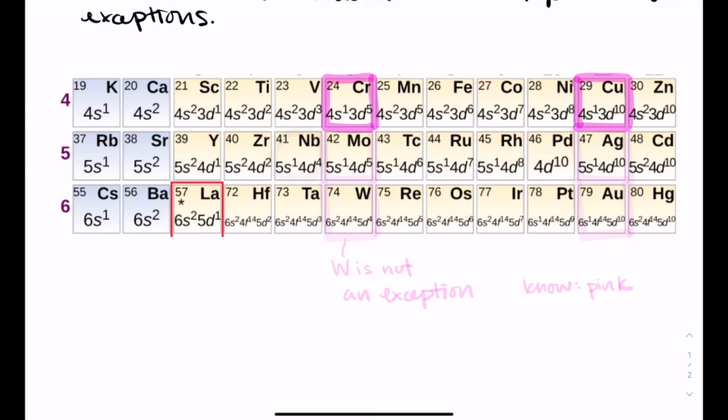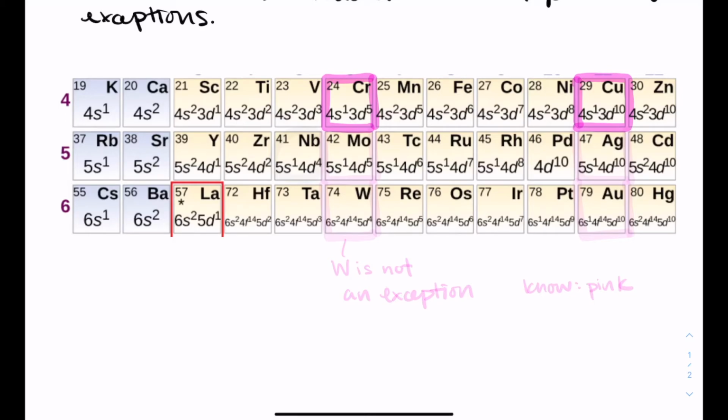So chromium and copper in that top row of transition metals are my exceptions, where instead of having 2 electrons in the 4s, I have 1 electron in the 4s and 1 more electron than I would expect in the 3d, which gives me either a half-filled subshell or a completely filled subshell. Row 5, I'm not going to read every single one because I know that you can look at these.